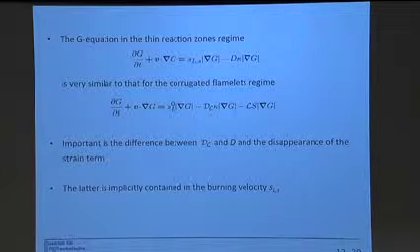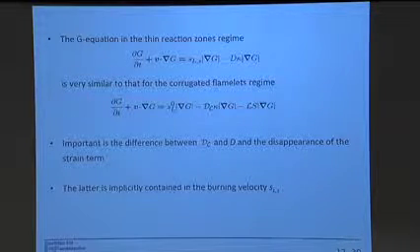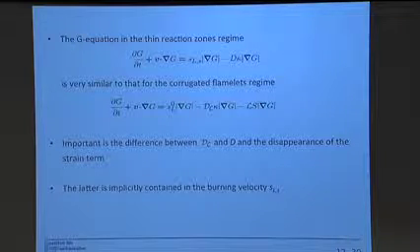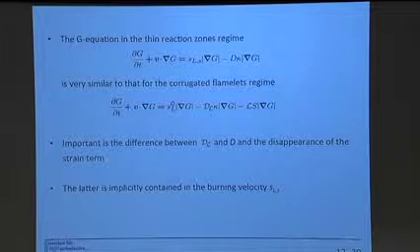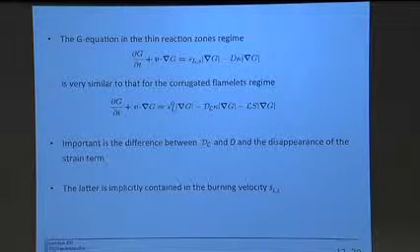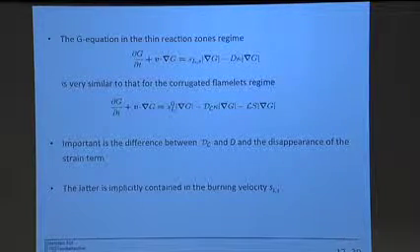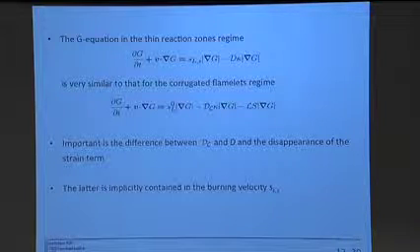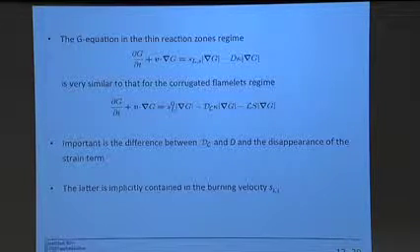Okay? So this just compares these two, and then also there's this strain term here. The point though is that what we want to remember is these effects of strain and curvature in the laminar, I mean, in the corrugated flame regime, this and this, they were not all that strong. Okay, they were like 10-20% or whatever. They were not super strong.